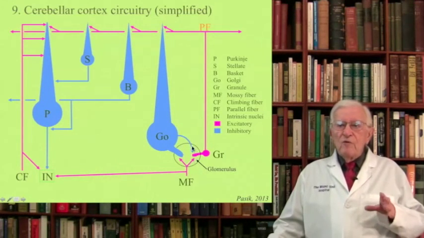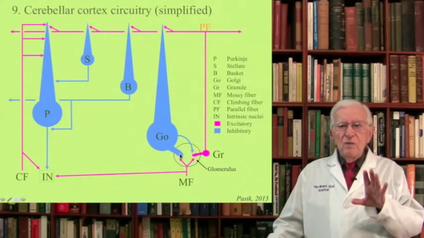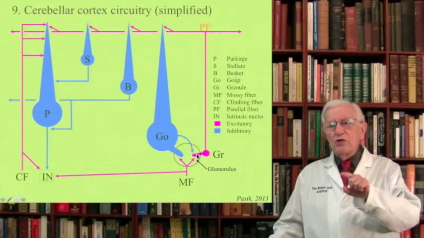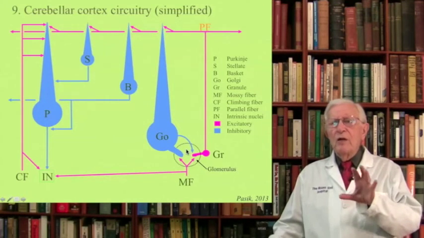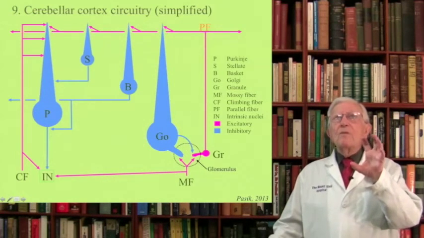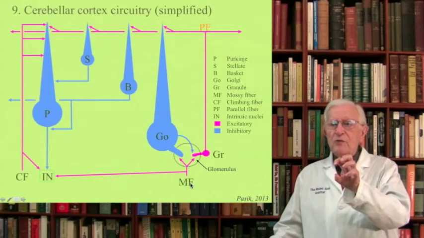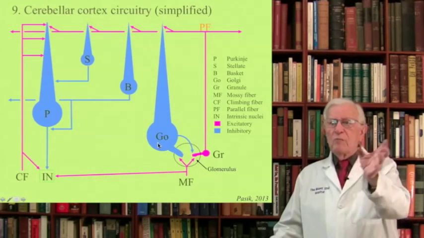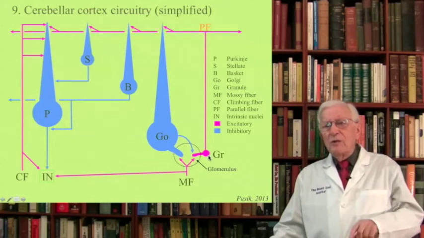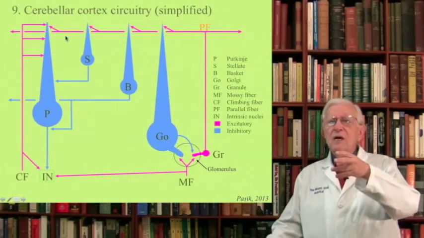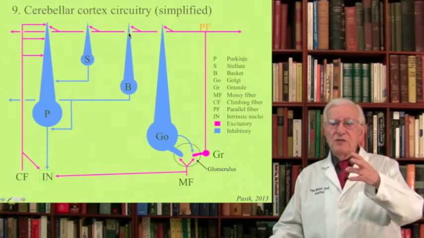First of all, this arrangement of the glomeruli and the feedback from the Golgi neuron onto the granule cells is going to restrict the number of granule cells that this mossy fiber is going to excite, because most of them will be inhibited backward by the Golgi neuron. So a small number of these axons are going to form the parallel fiber system.